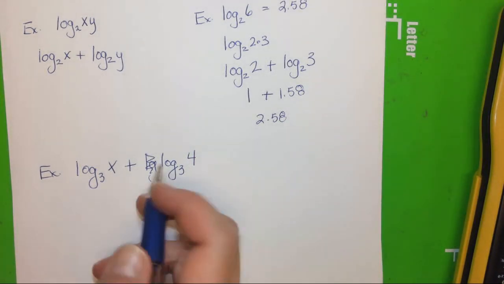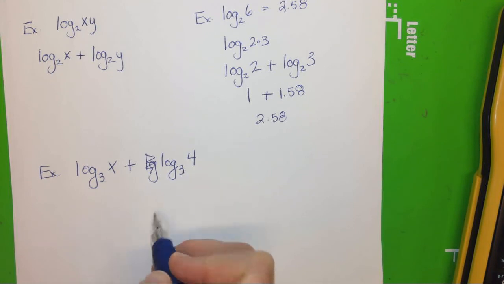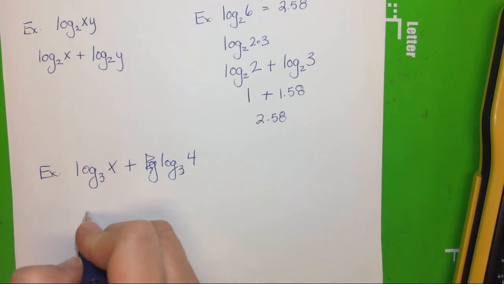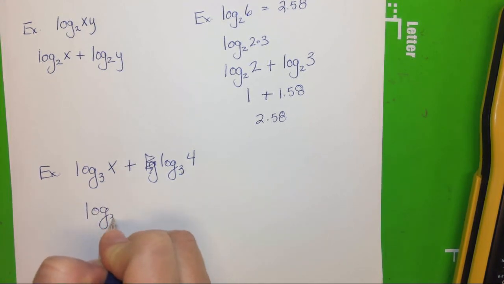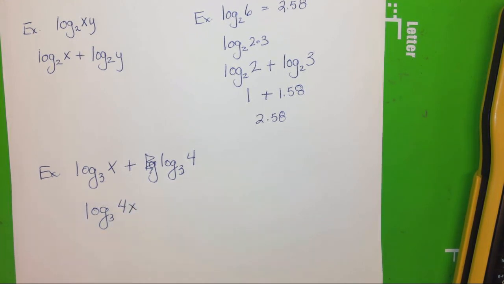Well, we can put those back together, but they have to have the same base. You can't do this unless they have the same base. So we'd have log base 3 of 4x. So that's the product property. That's only one of them. We have the quotient property and the power property, and we're going to look at those later.